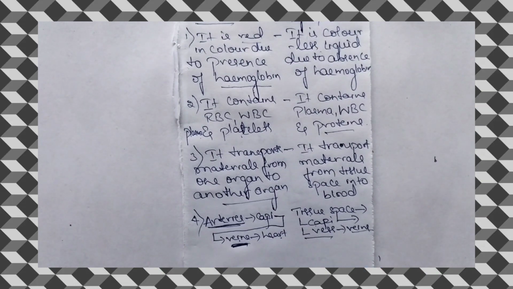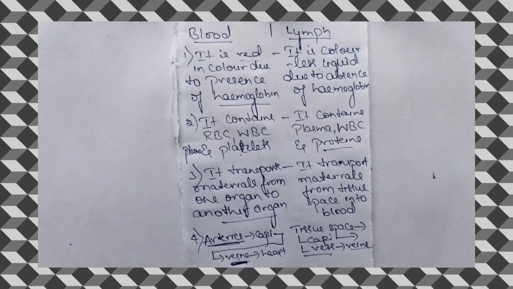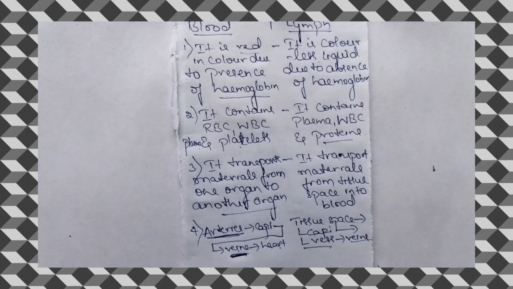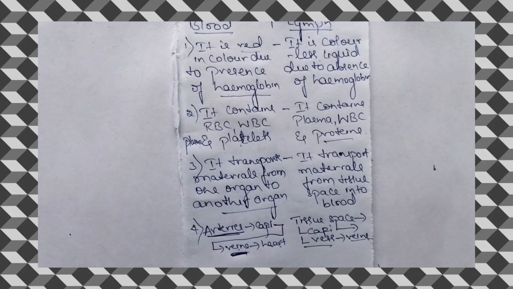So like this, you have to differentiate between blood and lymph. Blood is red in color due to presence of hemoglobin, and lymph is a colorless fluid, due to absence of hemoglobin.